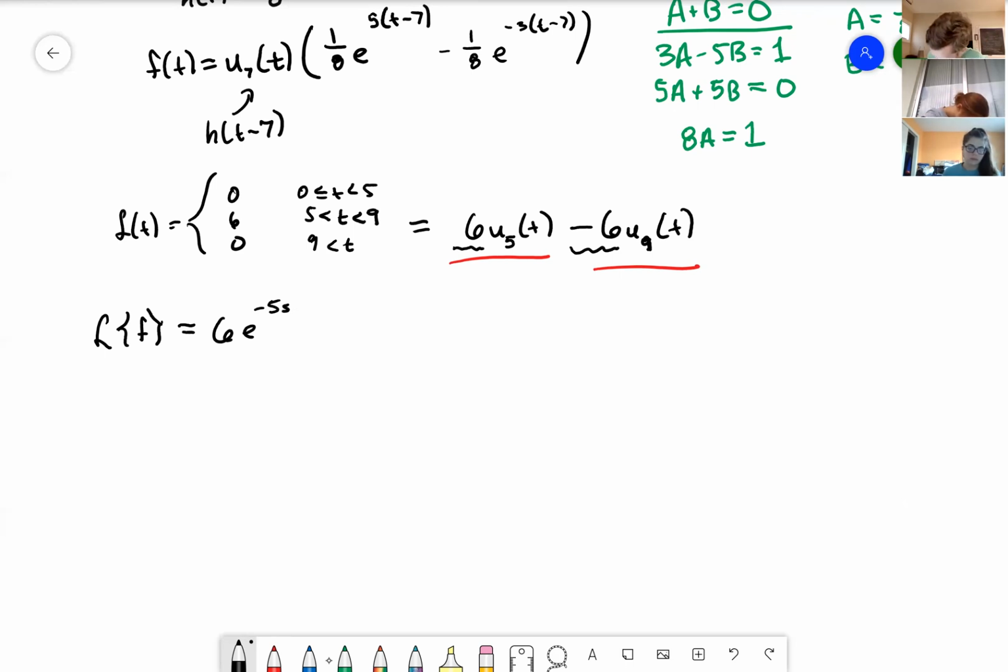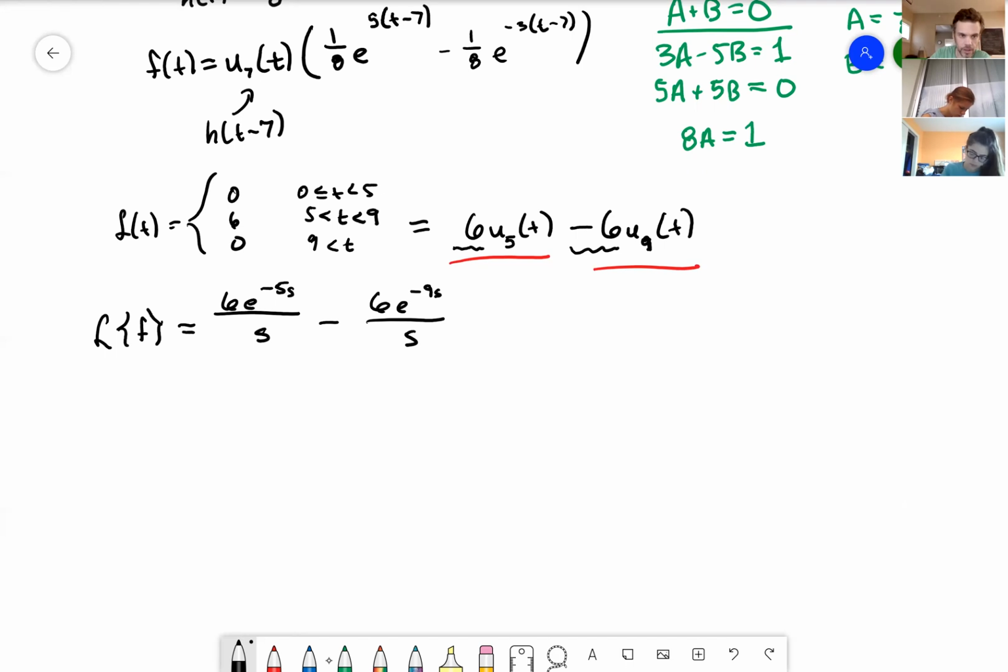Now we're in the s plane. And then the transform of 1, which is 1 over s. So let's write it: 6e to the minus 5s over s minus 6e to the minus 9s over s.